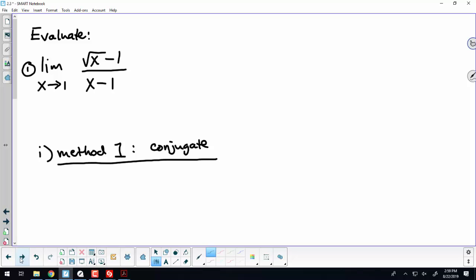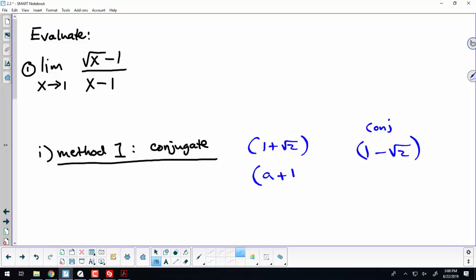I'll erase this, but if I said, I don't know, 1 plus the square root of 2, what's the conjugate? 1 minus the square root of 2. Do you remember that term? It's basically whatever you have, the conjugate of that is to get you to multiply the difference of squares.